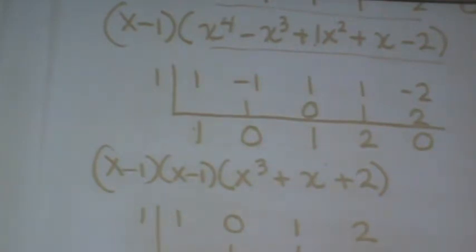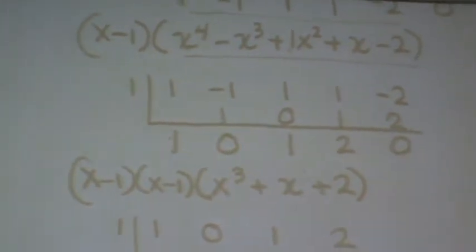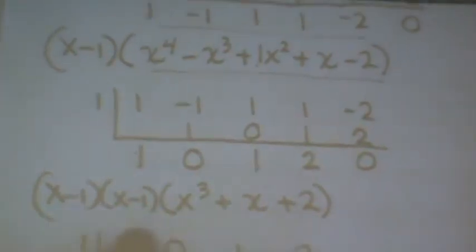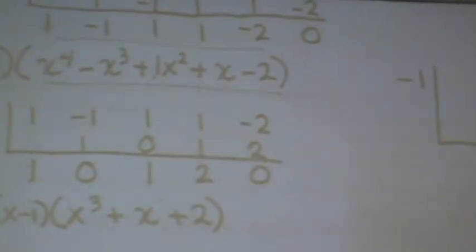Now this is an upper bound, so we're not going to try 2. Let's try -1 and see if that works. So we're going to use -1, and we have these, 1, 0, 1, and 2.